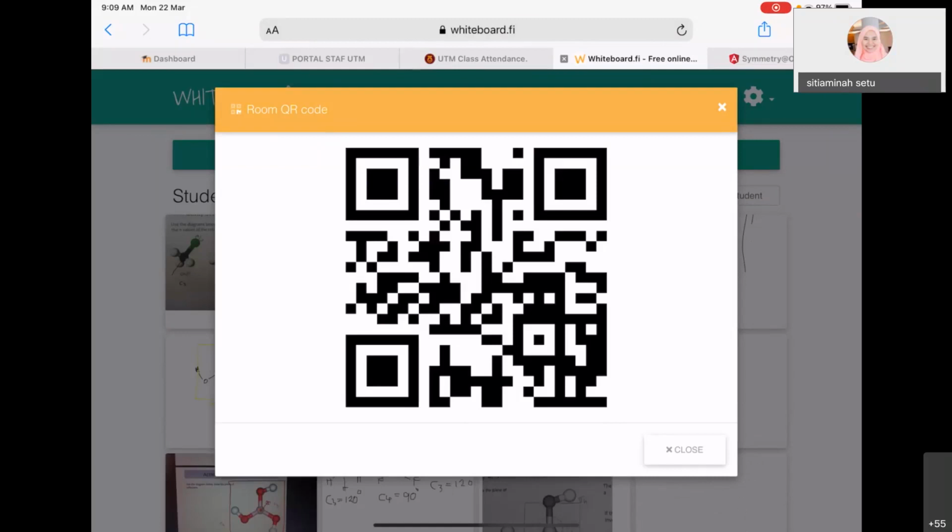Boleh ni? Boleh masuk? Boleh. Okay, boleh. Okay, aktiviti ada dalam you punya nota kan? So sama ada you nak ambil gambar dan upload ataupun you lukis semula dekat whiteboard.